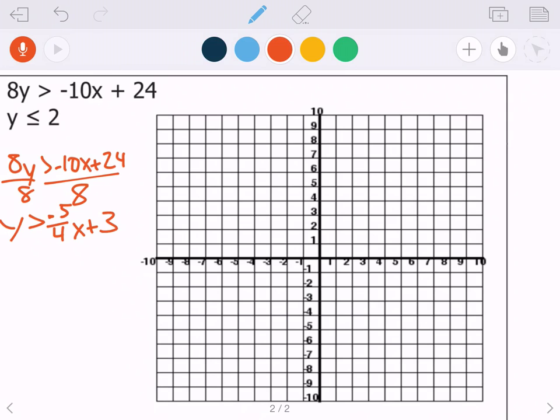So if I go ahead and graph that, negative 5 over 4, so I'm going to rise 5 and run to the left 4 if I go up. So 1, 2, 3, 4, 5, 1, 2, 3, 4. There's no line underneath, so it's going to be a dashed line.